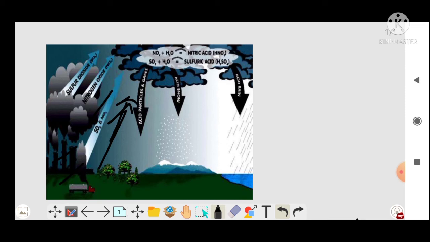Within the cloud, NO2 and H2O react to produce nitric acid, HNO3, and SO2 and water react to produce sulfuric acid, H2SO4. When it rains, the acid particles and gases fall down. In this way acid rain occurs.